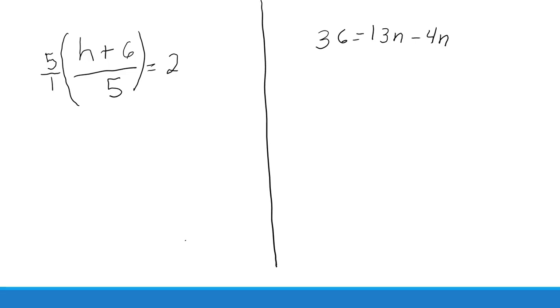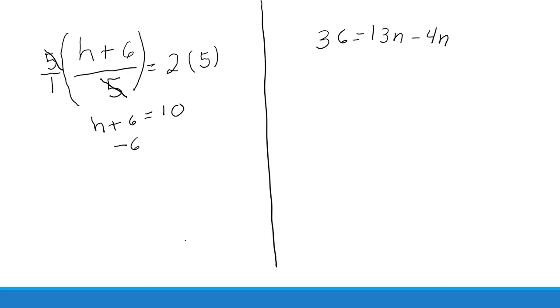I can always write 5 over 1 as a fraction because any number divided by 1 is itself. And on this side, I will multiply by 5, which is the same as 5 over 1. I'm going to cancel my 5's. I now have h plus 6 is equal to 10.